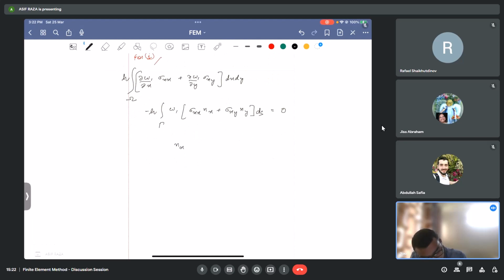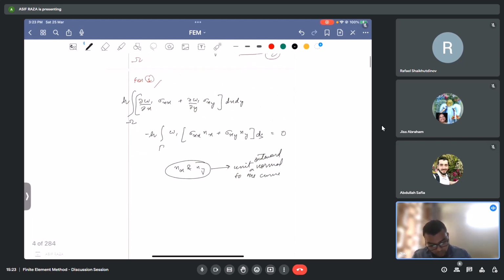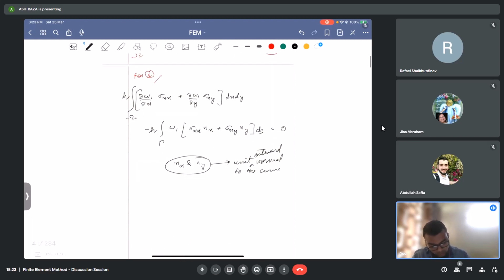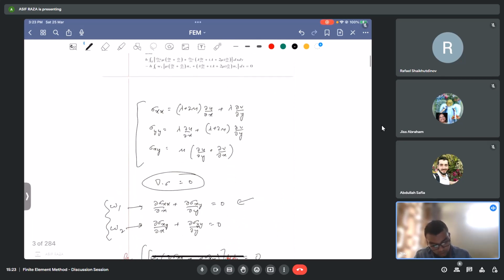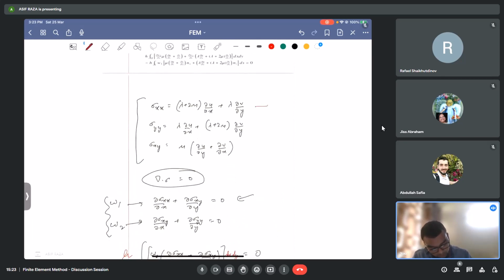Here nx and ny are the unit normal to the curve, outward. Okay, so this is used for 1, and we have sigma xx already defined as this. I'll call these a, b, c.